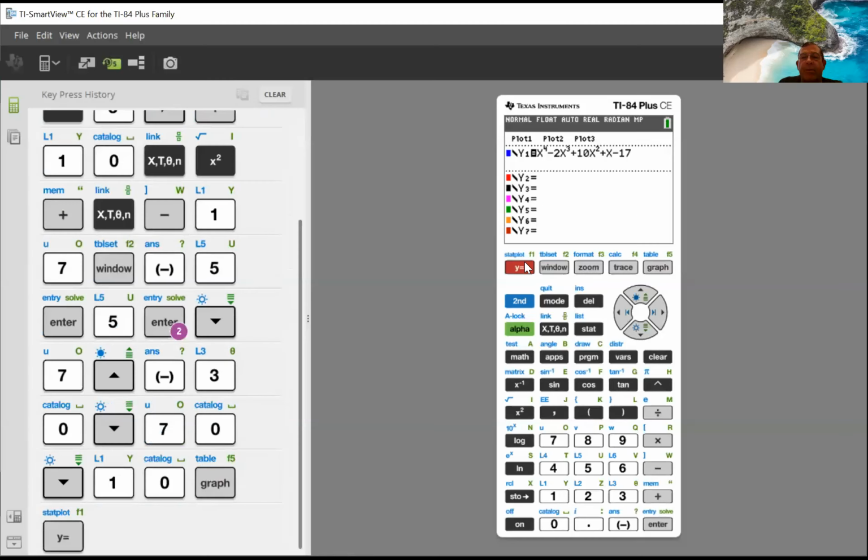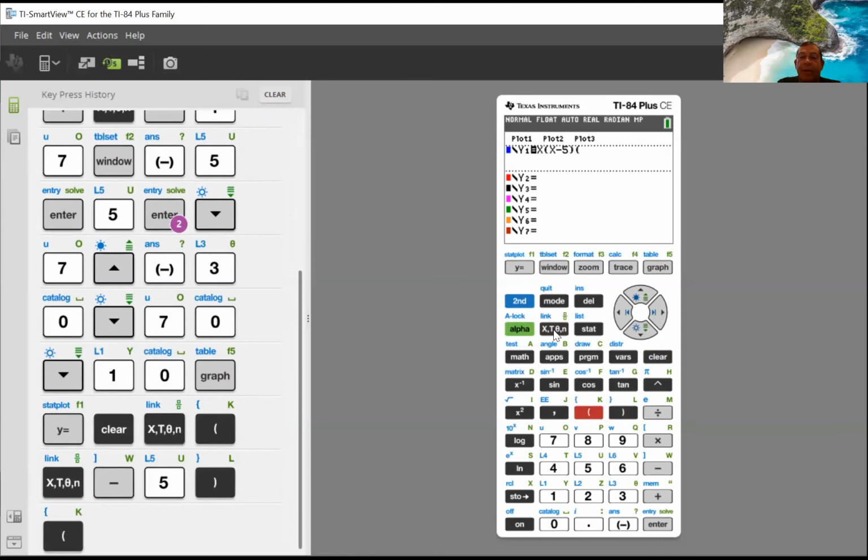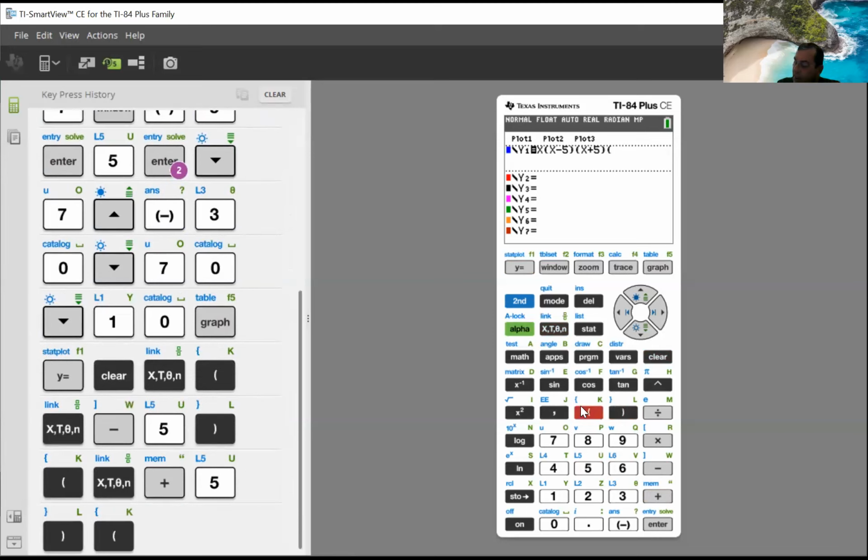So I'm going to go to Y equals. I'm going to clear that out. And I'm going to put in an X times X minus 5 times X plus 5 times X minus 6.